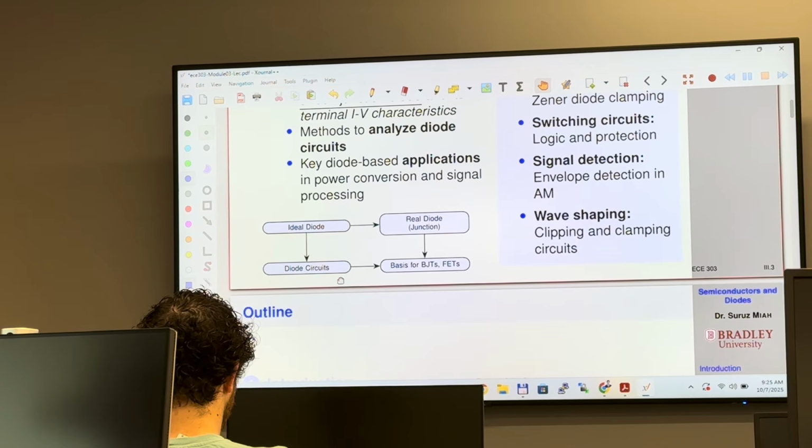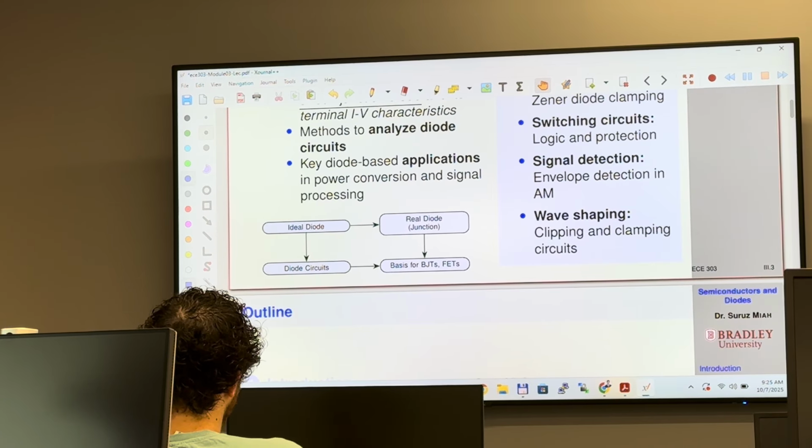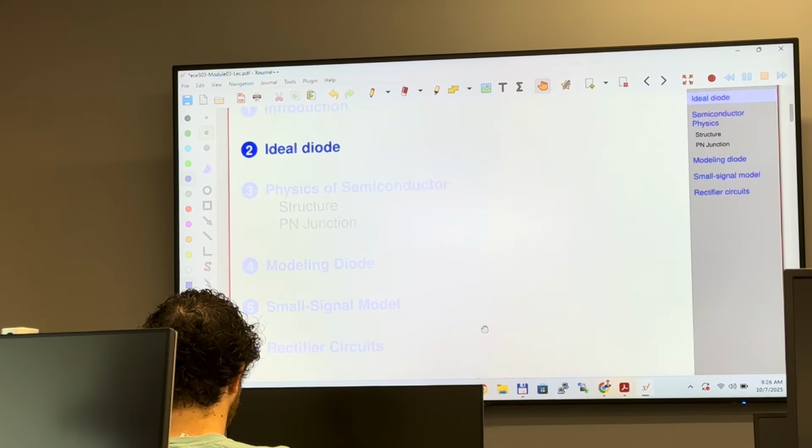If we understand diode circuits very well, analyzing circuits using transistors will be simplified. It would be easy. And we can also take into account the real diode function, the actual model, which can be used to analyze BJT and FET circuits.